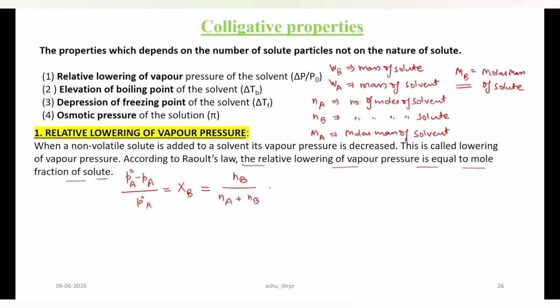Number of moles is given mass Wb by molar mass Mb. Similarly, Na can be written as Wa by Ma, and Nb can be written as Wb by Mb.